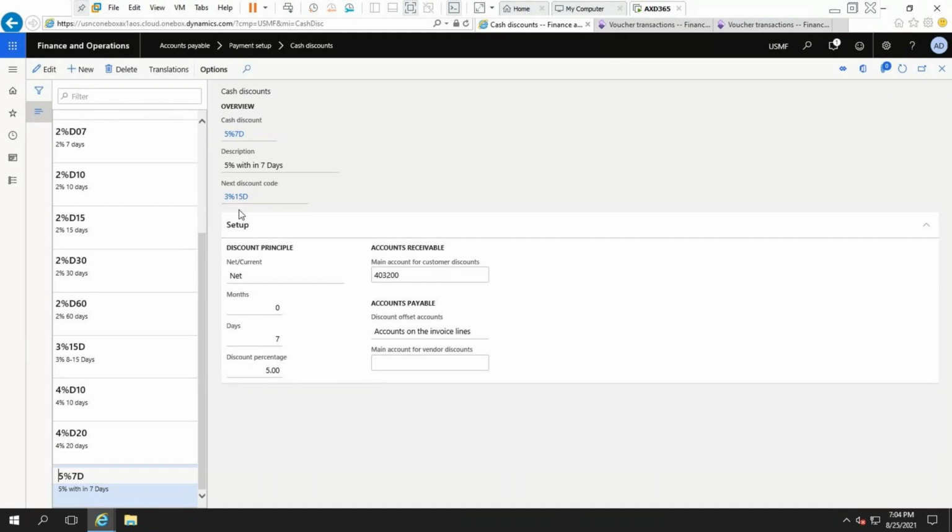So for 3% here, I have created independently 3% for 15 days. Whatever you have created should be tagged to this 5% 7 days. In 5% 7 days, I need to map the next discount, which is 3% 15 days. You can verify that. Otherwise it will work properly. Okay, I'll check it. Thank you. Fine.